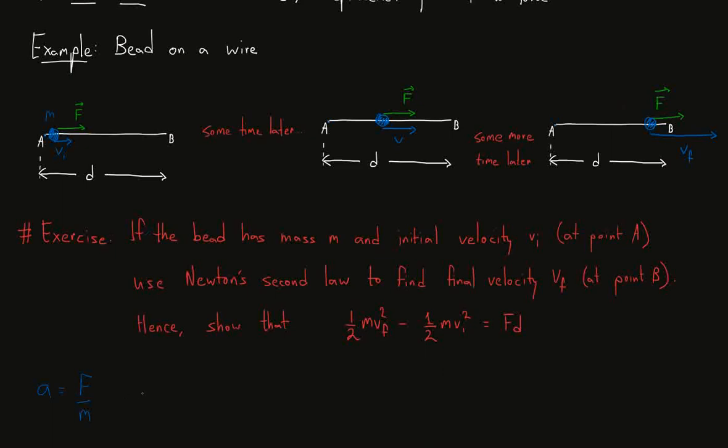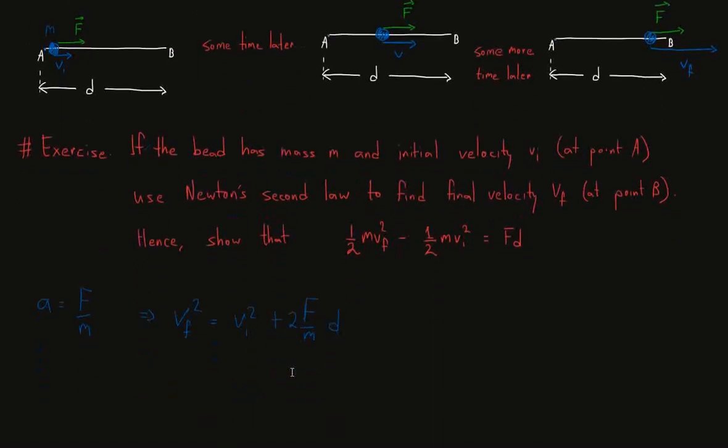So then you can apply the following expression. You have vf squared equal to vi squared plus F by m times 2 times d. Multiply both sides by half m.